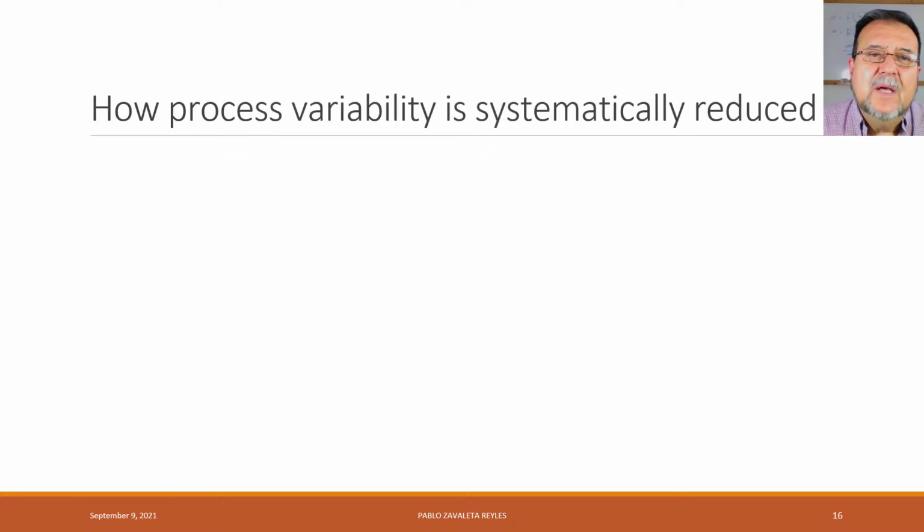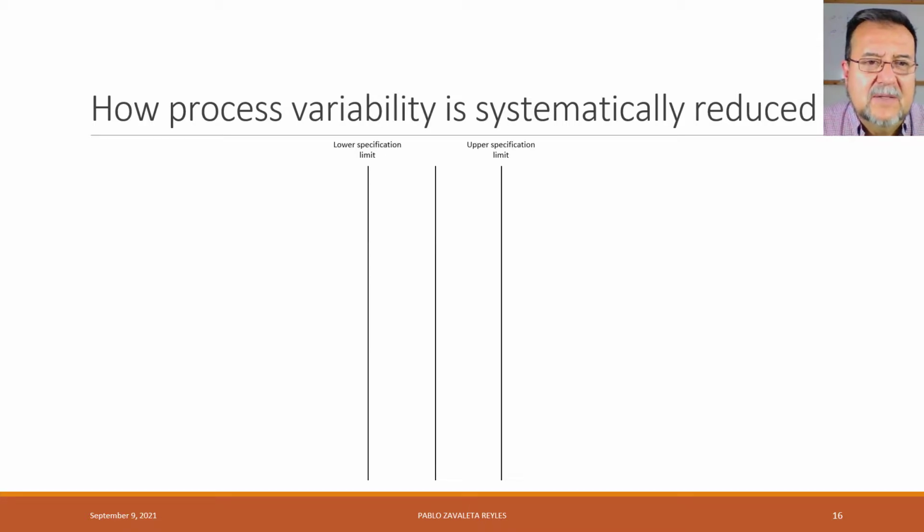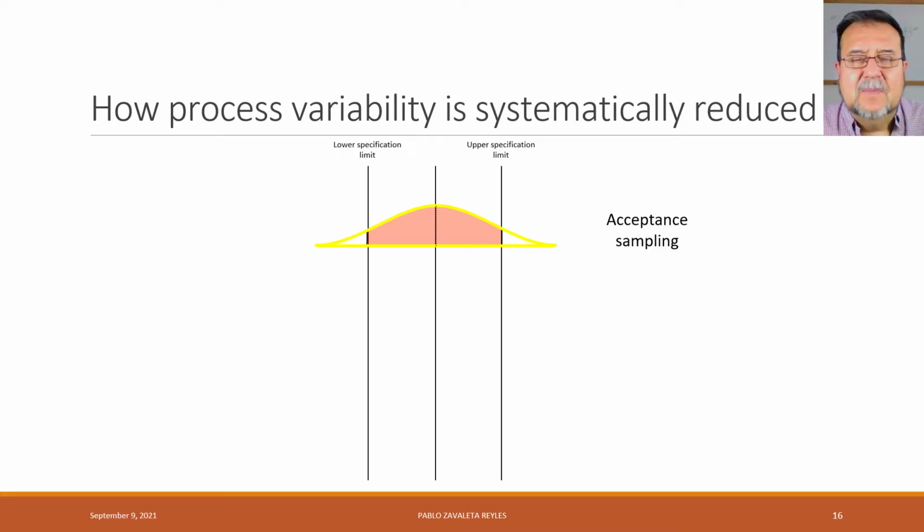And how do we tend to reduce process variability systematically? Well, first we go by acceptance sampling. This is the roughest and coarsest measure of our product's capabilities.